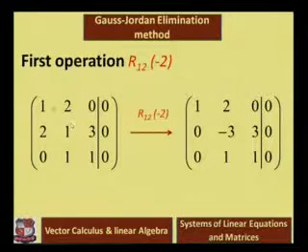doing the first operation, multiply the first row with -2 and add to the second row. We get 1 2 0 0, 0 -3 3 0 and 0 1 1 0.